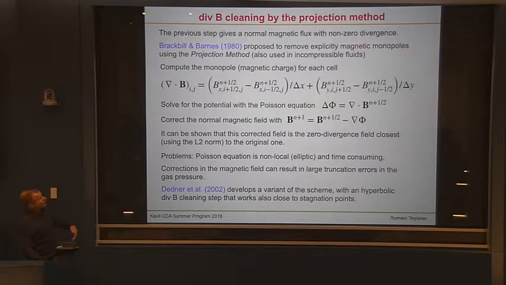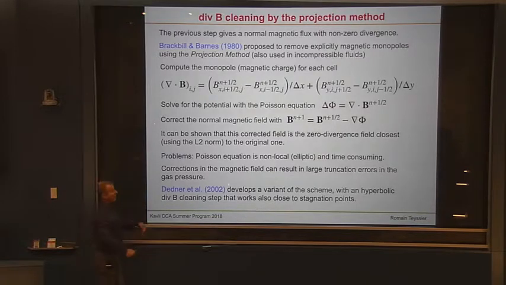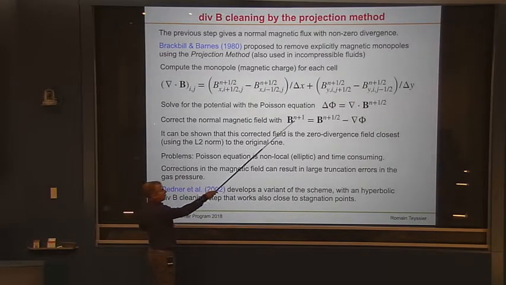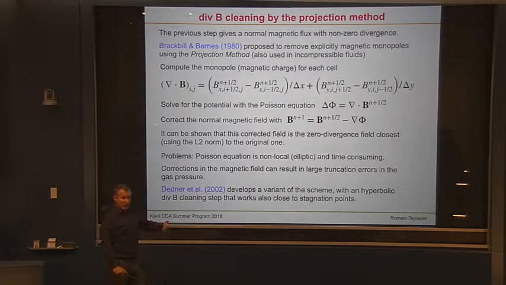And so you can show, in more understandable terms, that this technique actually gives you a new field, B n+1, which is the closest to the old one, closest in the sense of the L2 norm, the L2 distance, which satisfies div B equals 0. Right? So that's the idea. So if you have a magnetic field that you get after your time step, which has div B non-zero, this solution will give you the closest that satisfies div B equals 0.